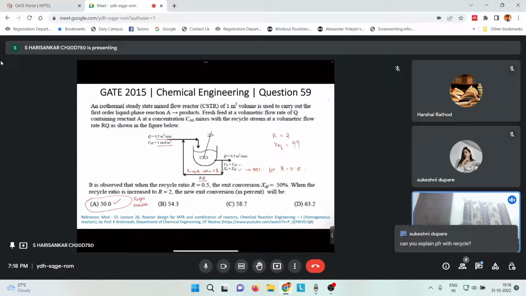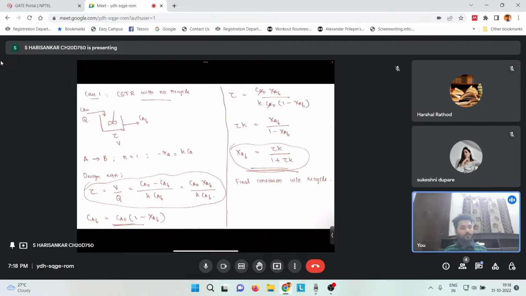PFR with recycle will inherently vary. What we'll do in the next class is start with the equations for PFR with recycle. Actually, what I would suggest is, did you see how we did these balances here? I'll show you.